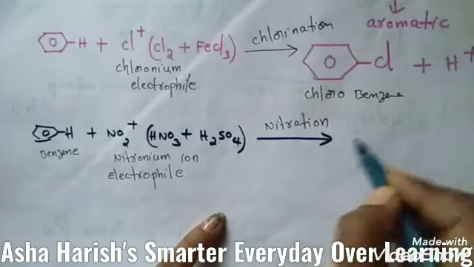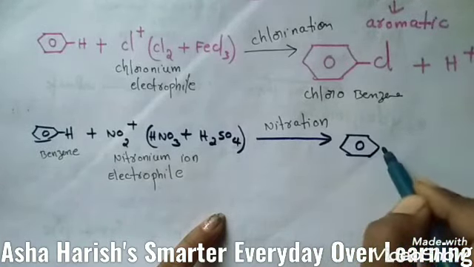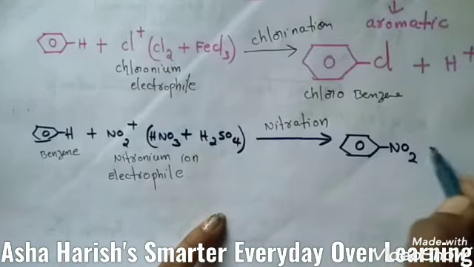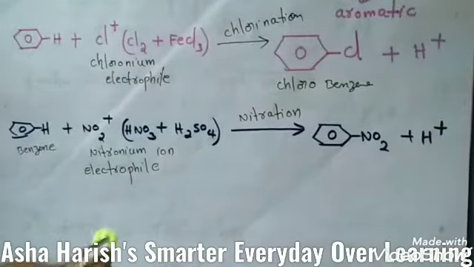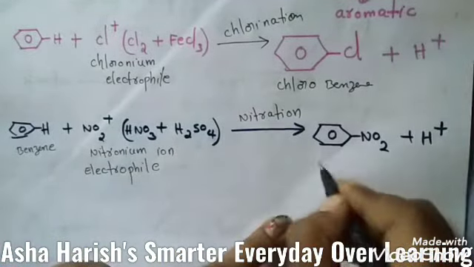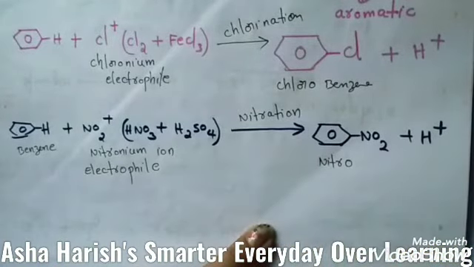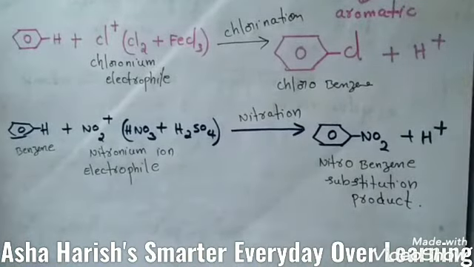So this is the process of nitration. Then the formed product is, here is the NO2 group attacking this benzene, plus H plus ions. So the formed product is known as nitrobenzene. This is the substitution product in these electrophilic substitution reactions.